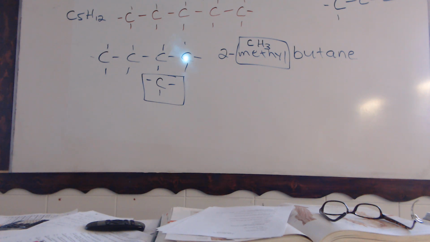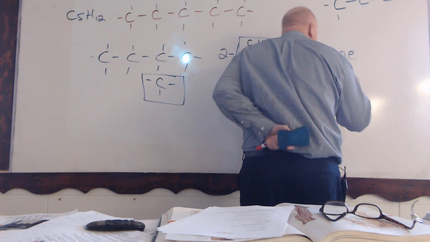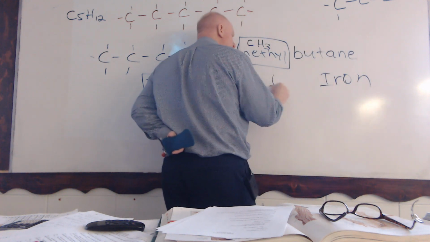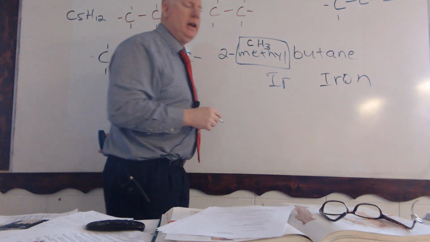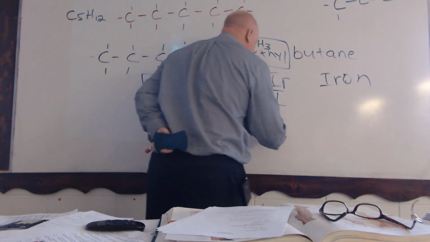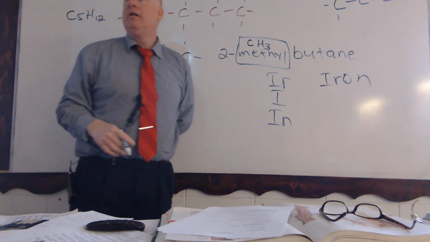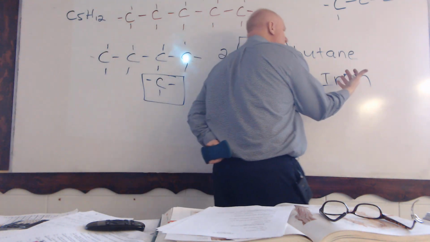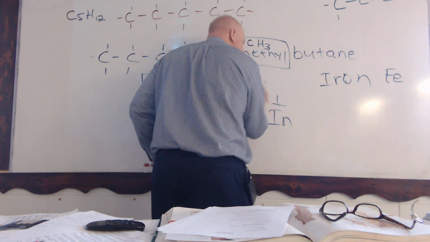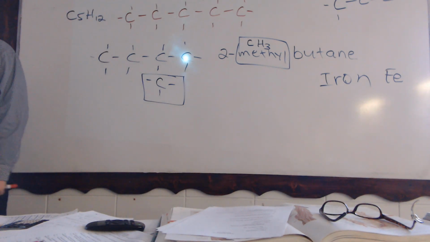Because this might look familiar. If you want the symbol for that element, is that right? They all have the same letters in common, right? So what is the symbol for iron? And why do we call it Fe? Because it is derived from Latin for iron.